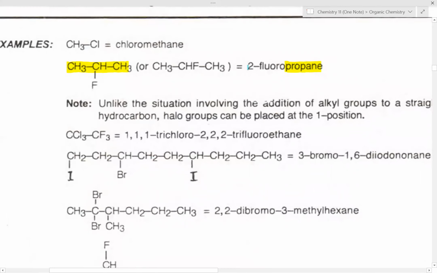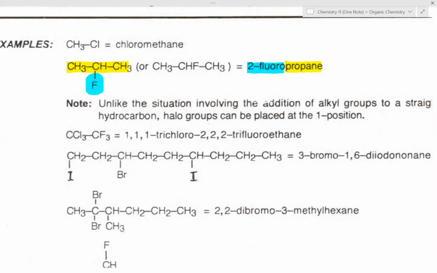And then 2-fluoro is right here, 2 because the fluorine is found on carbon 2. Now, unlike the situation involving the addition of alkyl groups, halo groups can be placed at the 1 position.